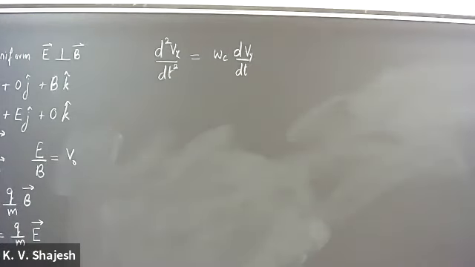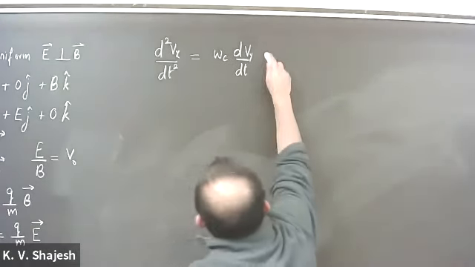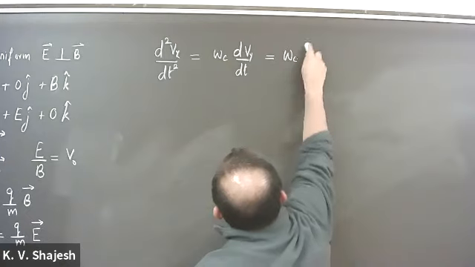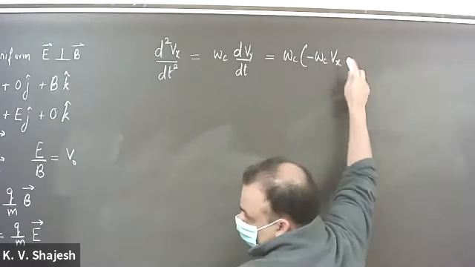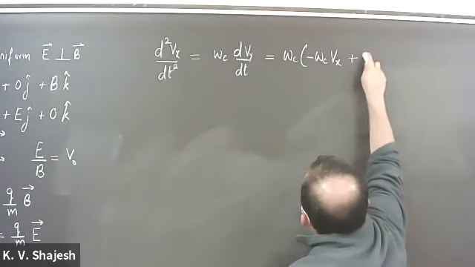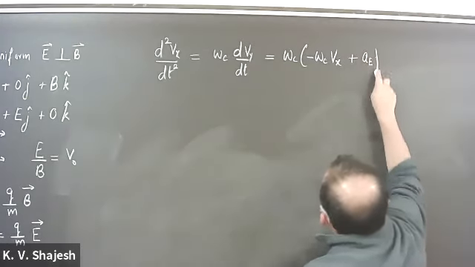But the derivative of velocity comes from the second equation, which is omega c times minus omega c vx plus the acceleration from the electric field.